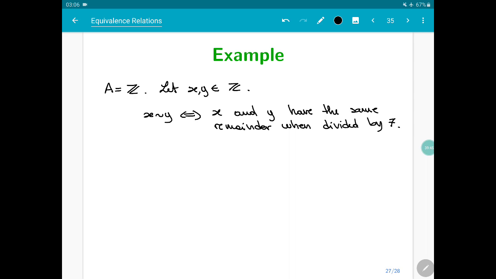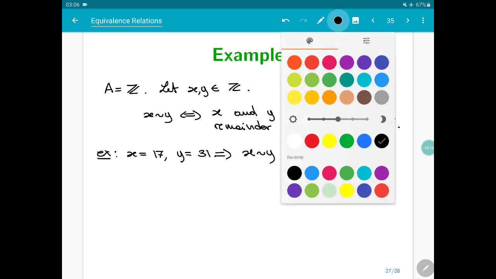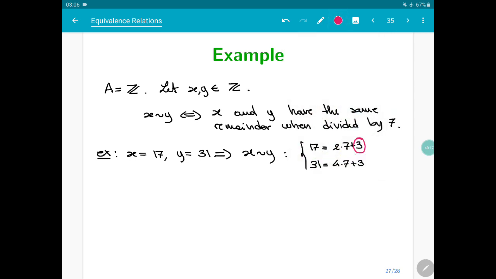For example, if I take x equal 17 and y equal 31, then you have that x is in relation with y. Why? Because 17 is equal to 2 times 7 plus 3, while 31 is equal to 4 times 7, again plus 3. And remember that this is the remainder.